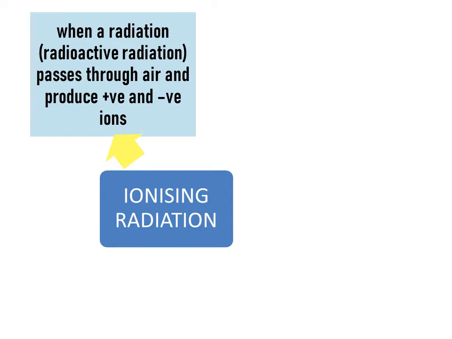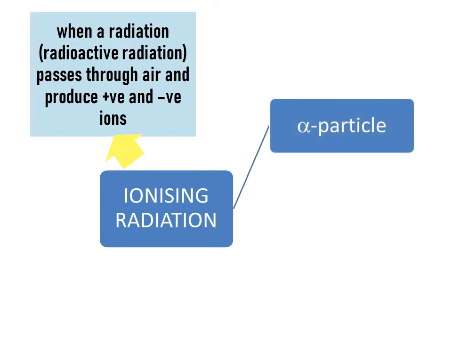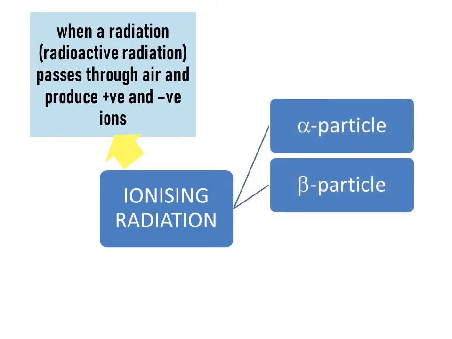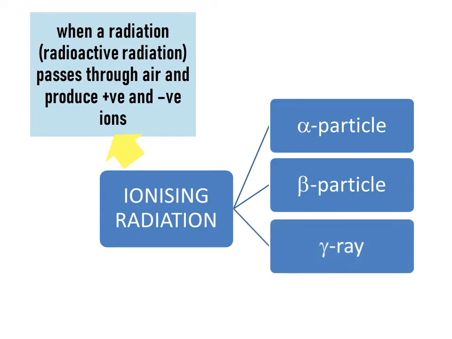Ionizing radiation is electromagnetic rays that have enough energy to ionize atoms or molecules. The radiation has enough energy to break the electron bonds of atoms or molecules, thus forming ions. There are three types of ionizing radiation that are produced during radioactive decay, which are alpha particle, beta particle, and gamma ray, and we will look further into the differences between these three radiations in the next part.